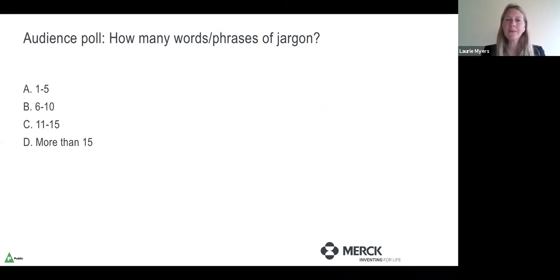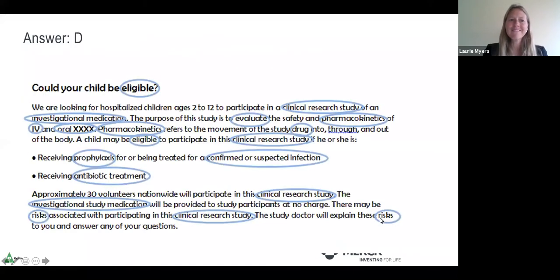Okay, let's close the poll and see what people think. So most of you think 11 to 15, some think less, some think more. Let's go to the next slide. So the answer is D. 3/4 of you are actually incorrect.